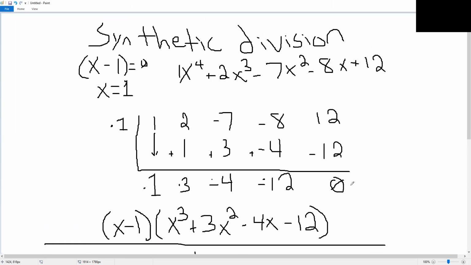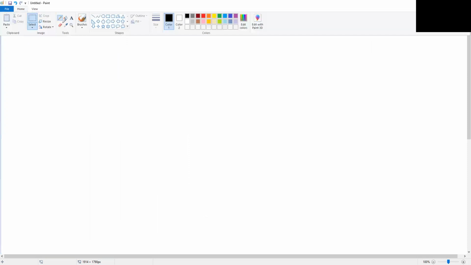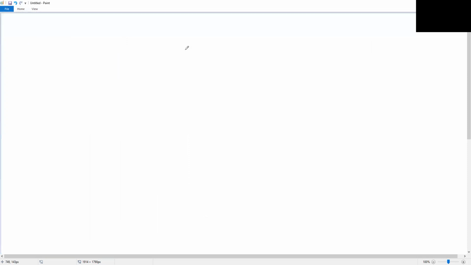Okay. Now, having said that, there is one more theory that we need to learn before we can put all this into practice. It's the remainder theorem. All right, so I'm going to write this down. Remainder theorem.